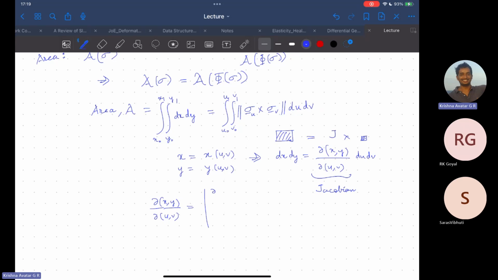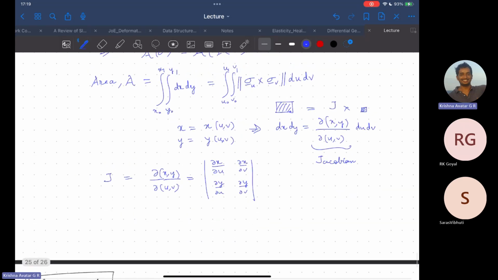And the way we would define it is, we would take partial x by partial u, partial x by partial v, partial y by partial u, partial y by partial v. Right. So the determinant of it is called the Jacobian. Similarly, in this fashion, we were able to do the same thing here as well.